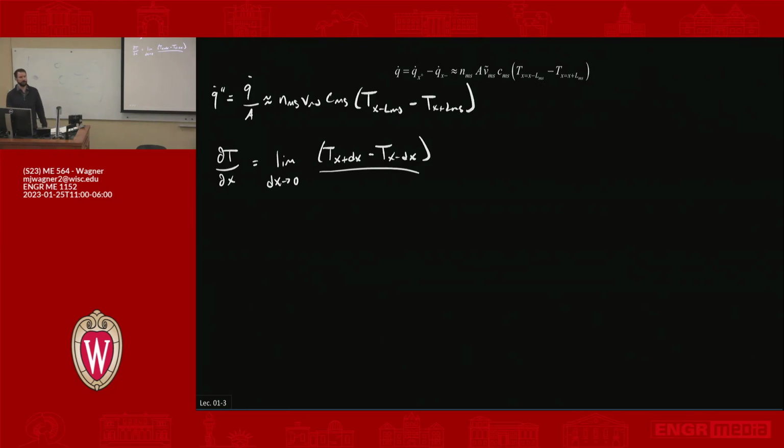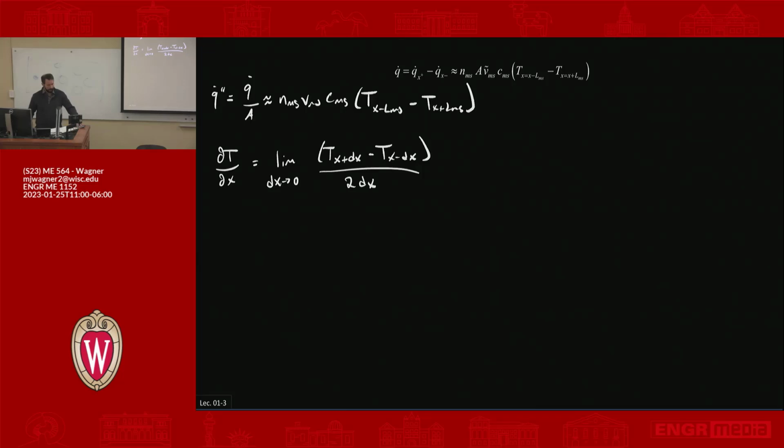So we're using a numerical approximation, basically, to say the difference in temperature over the difference in distance is approximately equal to dT/dx as dx goes to 0. The distance between those temperatures is actually 2 dx. As dx goes to 0, this statement is true.